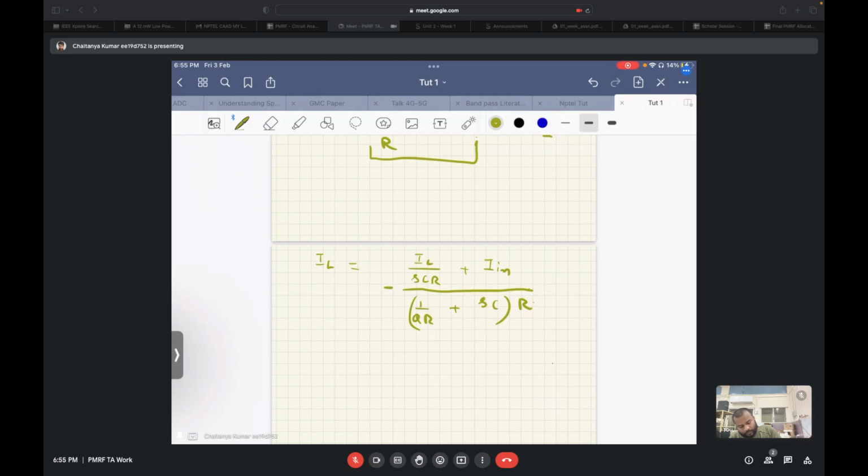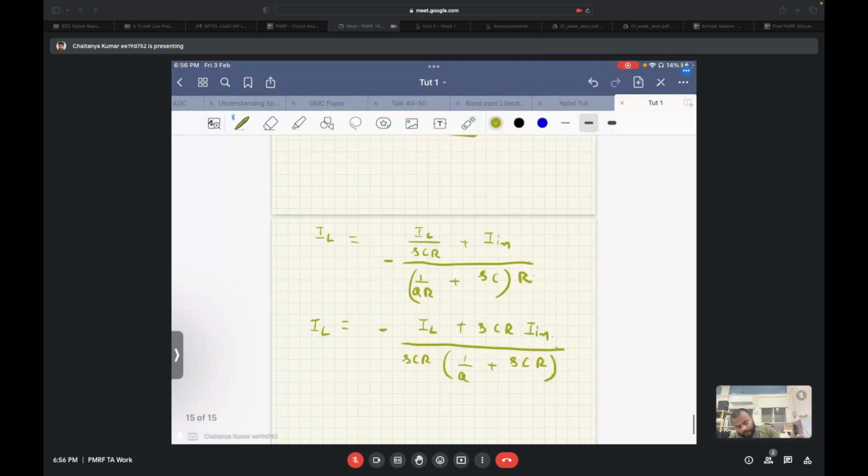So IL is equal to minus of IL plus divided by SCR into 1 by QR plus SC, 1 by Q plus SCR.